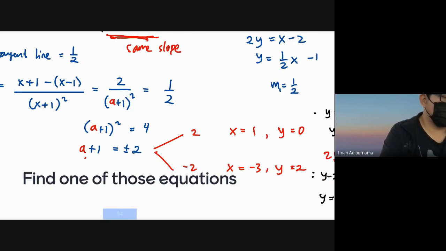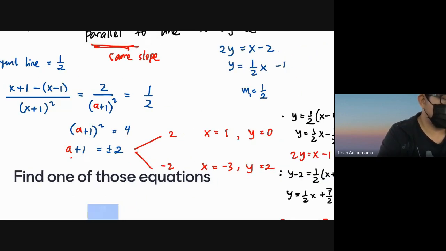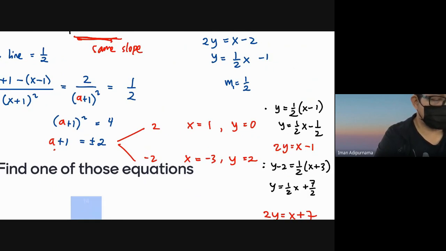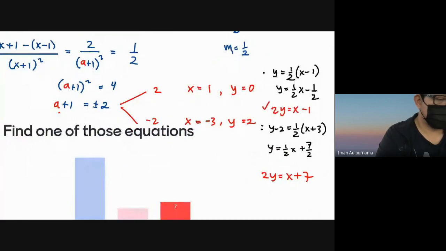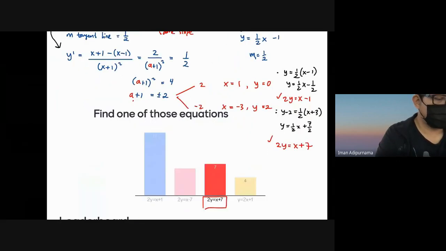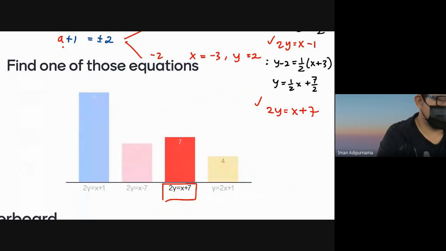When you plug in, when a plus 1 is 2, you get x is 1, and then y is 0. When x is negative 3, y is 2. So you have two possibilities. Check both lines and check the options. Then I think the only one that has a correct answer is this.